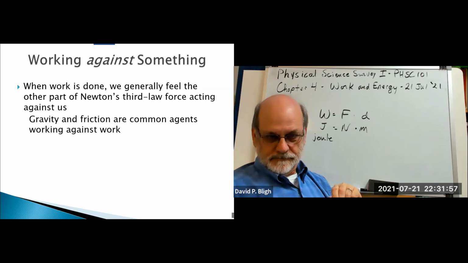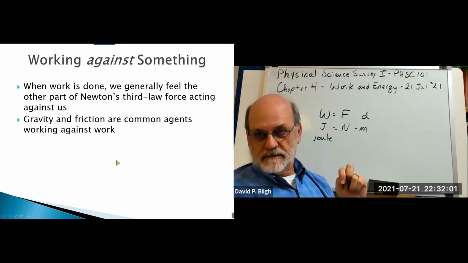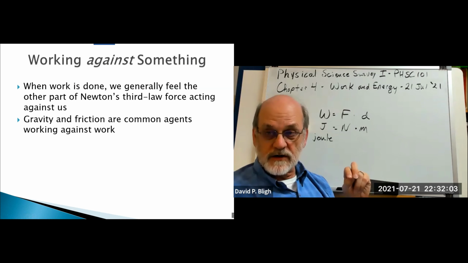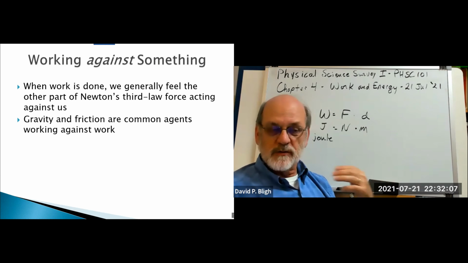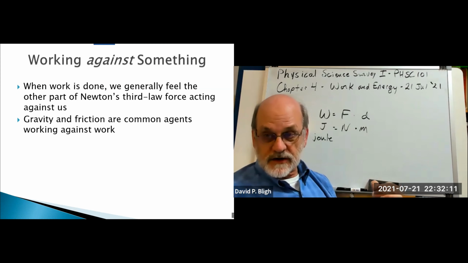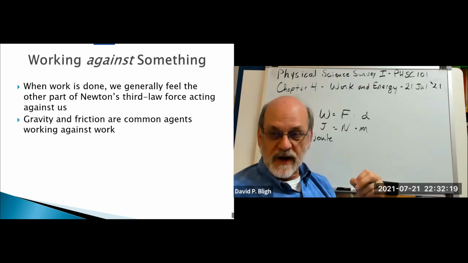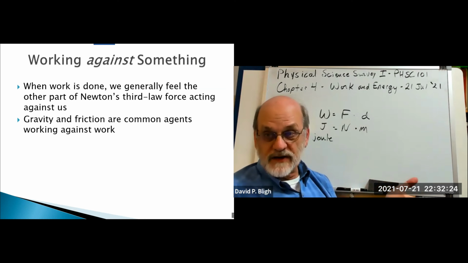And very often we have to take into consideration other interacting forces, because this measurement of work is the net force times the distance moved. So you have to subtract all of the opposing forces so that you know how much net force is applied to do the work. The rest of it is, so to speak, wasted energy.